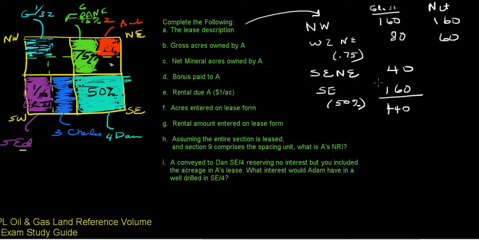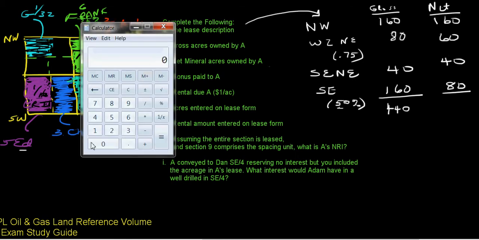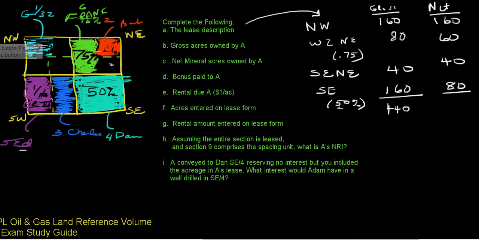Southeast of the Northeast, they own 40 or 100%, so that's going to come down to 40. And then in the Southeast, they own 50% of the 160, so that's going to be 80 for their net acres. So if we want to calculate what the net acres are, then we're going to say 160 plus 60 plus 40 plus 80. And that's going to equal 340 net acres.